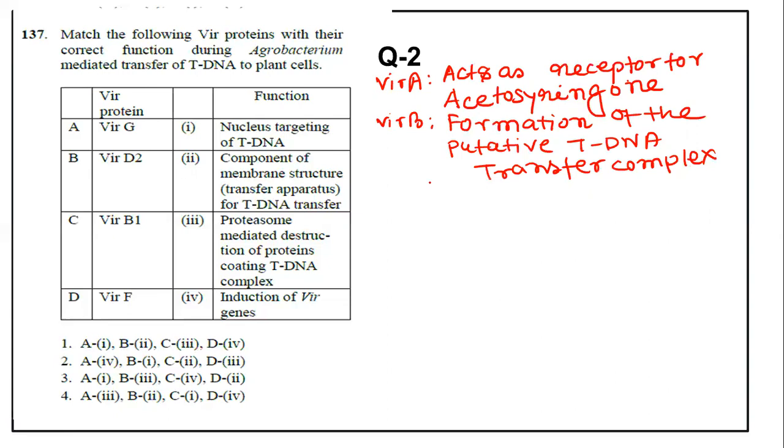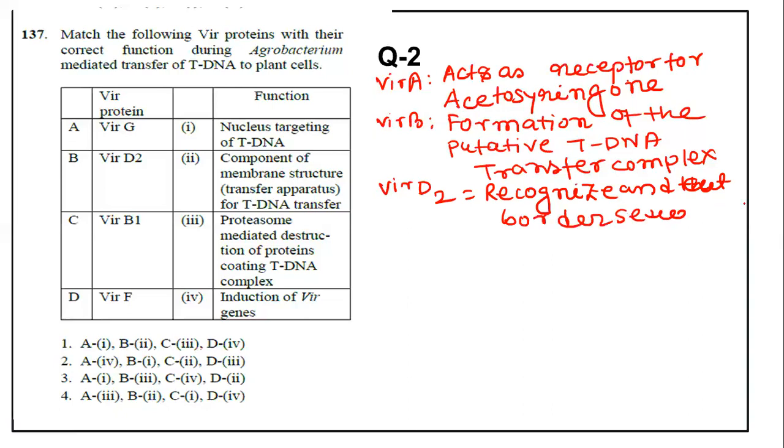And you can see that VirC is not there here. So VirD: VirD has two parts, D1 and D2, and it recognizes and cuts the border sequences, the right and left border sequences.